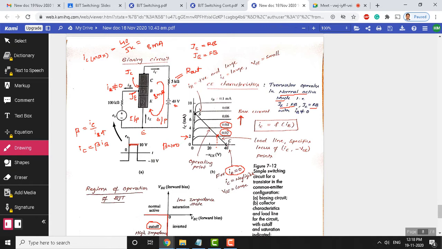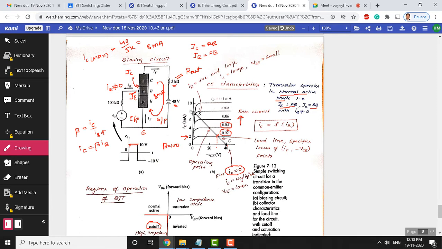The swing of this load line gives the extreme ends. Here we have IB equal to 0 and maximum VCE, and the collector current is also 0. Whereas here the collector emitter voltage is 0, but there is a maximum collector current of 8 milliampere in this case, and the base current is also going to be large.